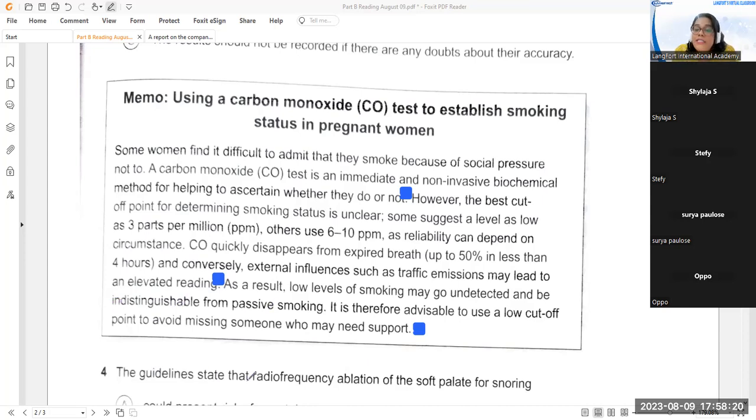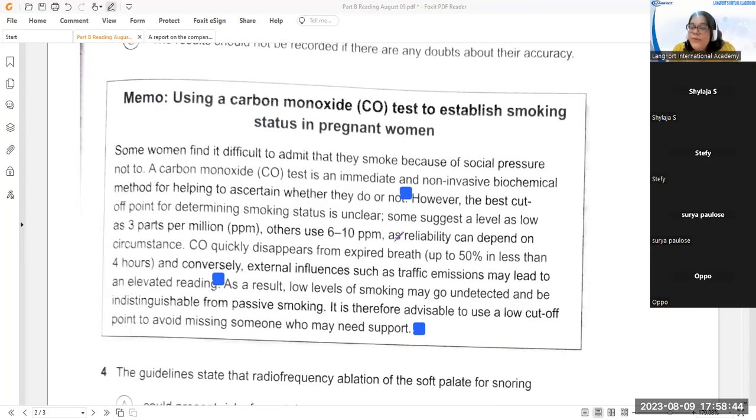That is why it's always advisable to maintain a low cutoff point when it comes to the CO test, in order to avoid missing someone who may need support. So we cannot clearly say whether the person is a smoker or a passive smoker. And if they have been exposed to traffic emissions, their CO level can be really high.